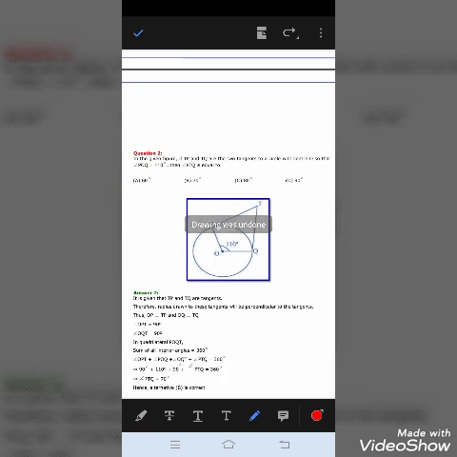Angle OPT is equal to 90 degree because it is perpendicular, and OQT is also perpendicular.